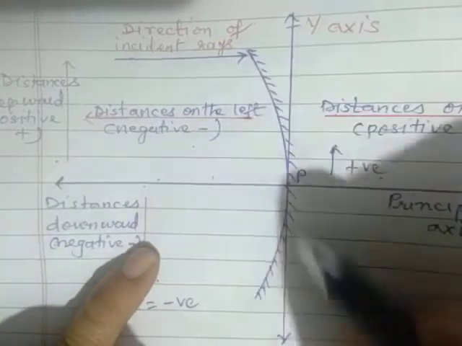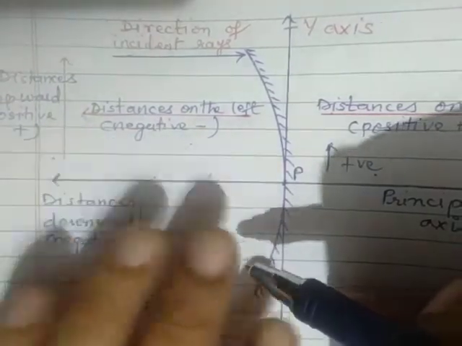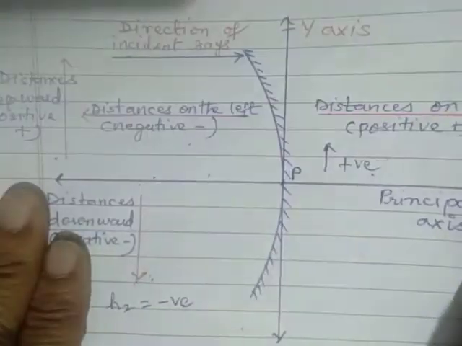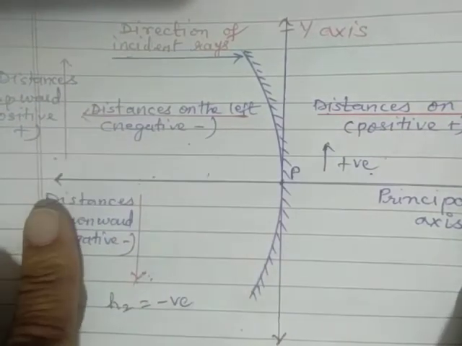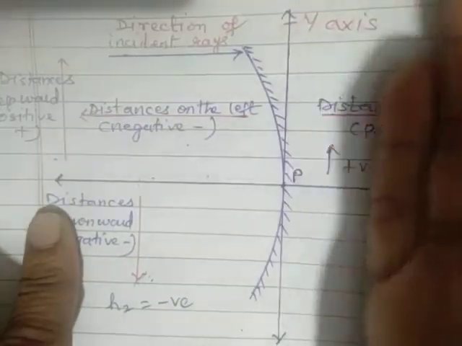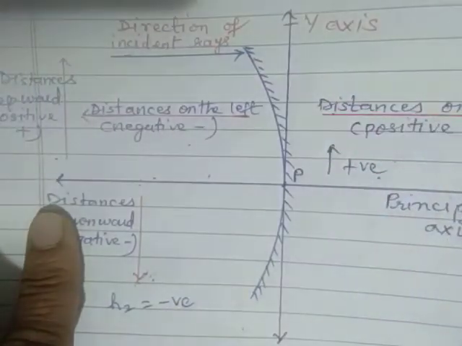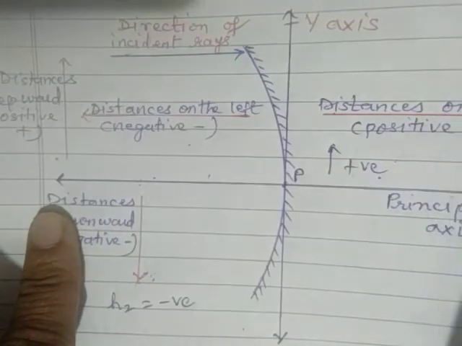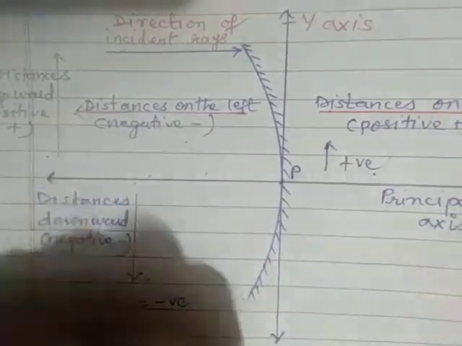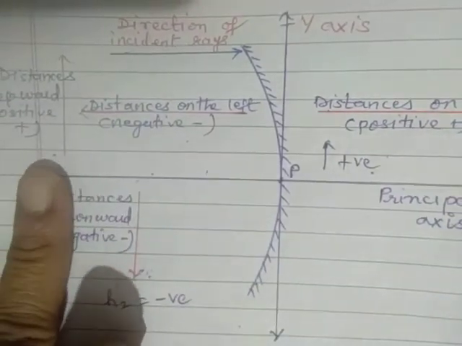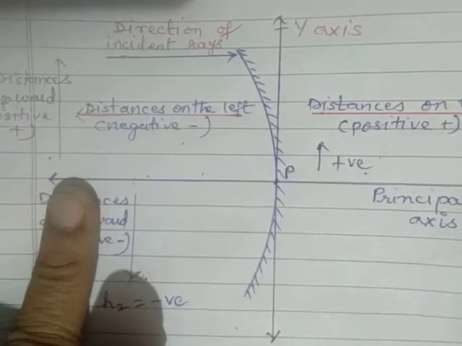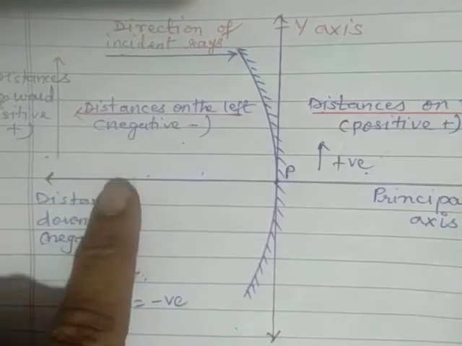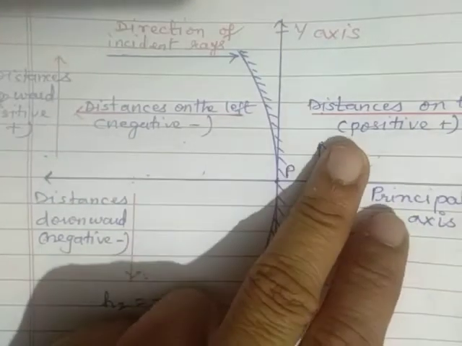Image in the case of concave mirror is formed on the left hand side as well as on the right hand side. If it is real, it will be formed on the left hand side, so it will be negative. And if it is virtual, then it will be formed on the right hand side, and at that time it will be positive. And the object height is always positive, whereas the image height in the concave mirror can be negative or positive.